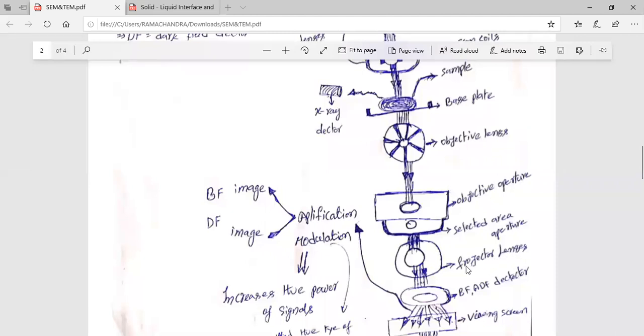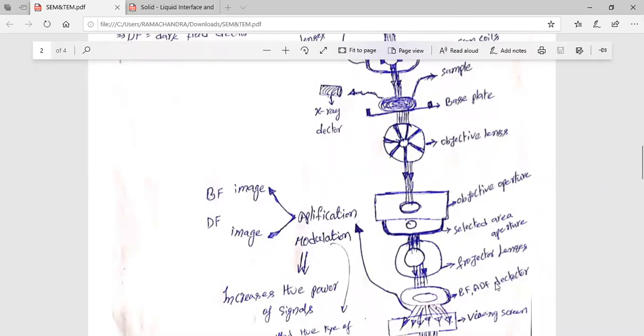That is the use of the projector lens. It plays a key role only in displaying the formation of the image.